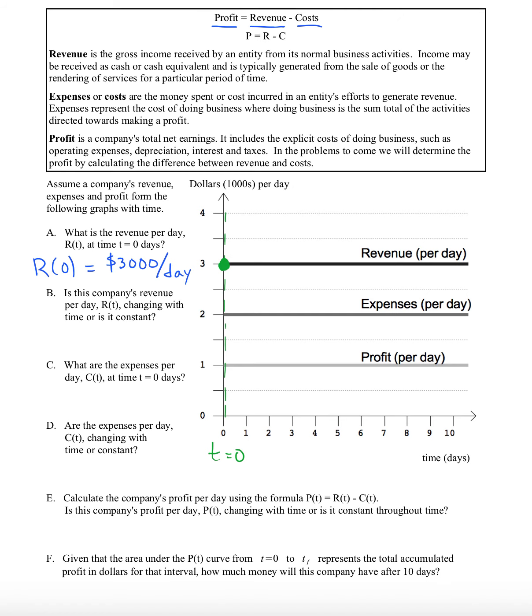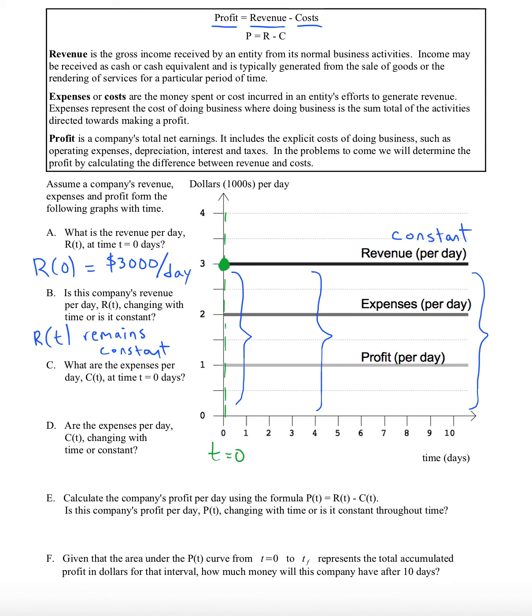Is the revenue per day changing with time, or is it constant? Because it's a horizontal line, that shows us that the height of the revenue does not change with time. And that is what is known in mathematics as constant. So R of t is remaining constant with time.